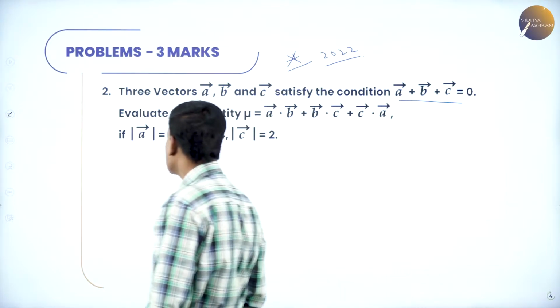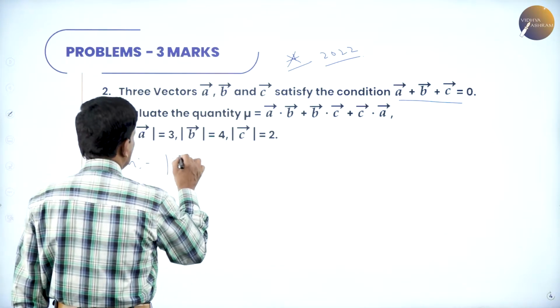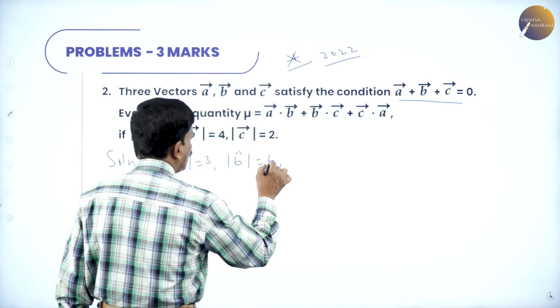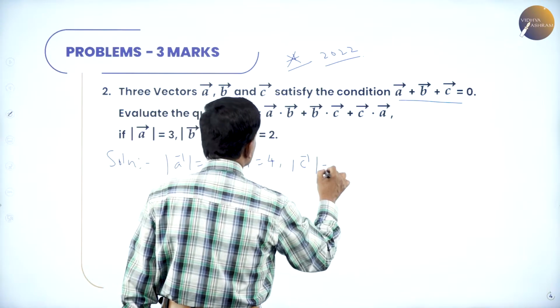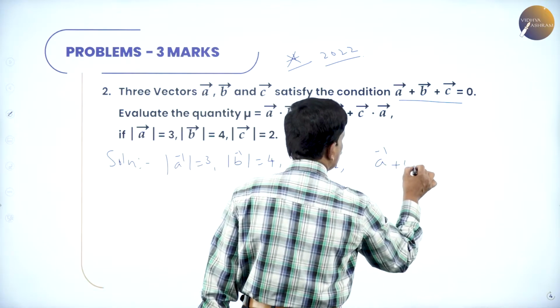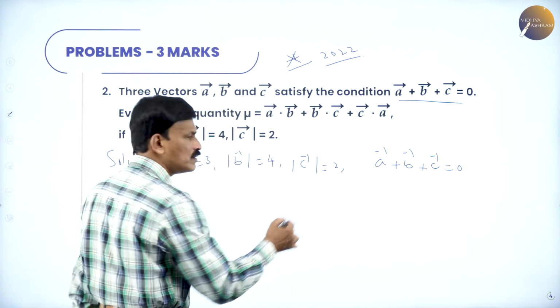Let me solve this. Now what is given here? Given length of A is equal to 3, length of B is equal to 4 and length of C is equal to 2. Further, what is the condition given? A plus B plus C is equal to 0. Now let us square on both sides.